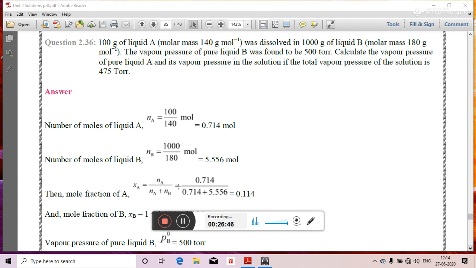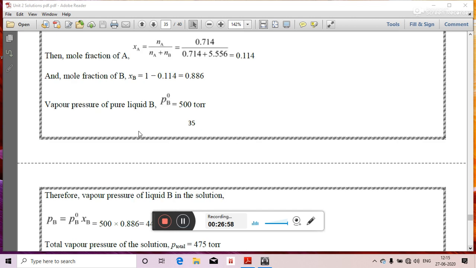Now mole fraction of A, Xa, equal to Na upon Na plus Nb. So that is equal to 0.714 divided by 0.714 plus 5.556, which is equal to 0.114. And mole fraction of B, Xb, equal to 1 minus 0.114, that is equal to 0.886.